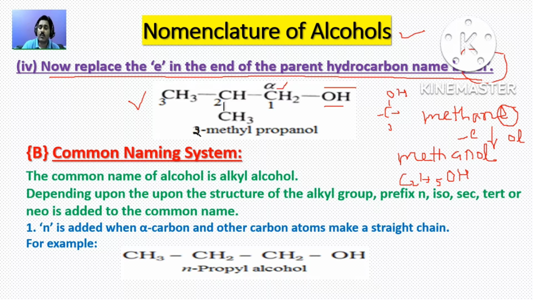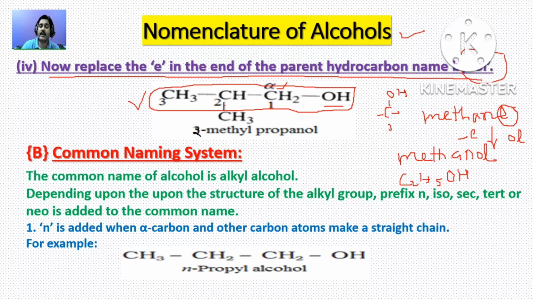Okay. Now, let's select the longest chain possible in that compound. The longest chain is 1, 2, 3. According to the second rule, we have to number it. Three carbon atoms are there. Which carbon atom has number 1?